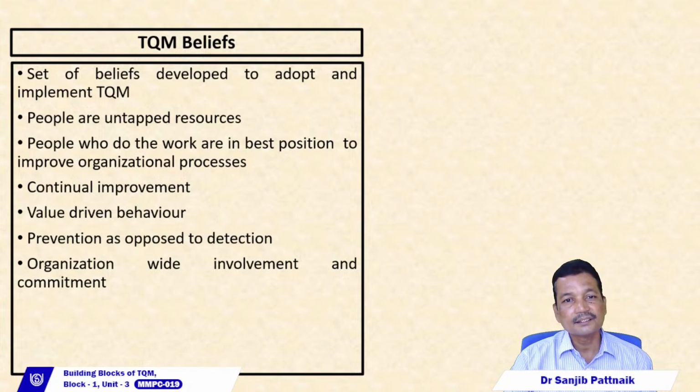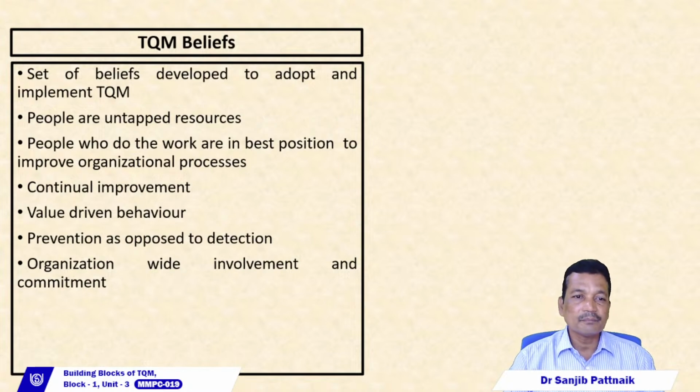But since they are in the best position in the processing line, they think about how the process can be made better. So, people who do the work are in the best position to improve the organizational processes.